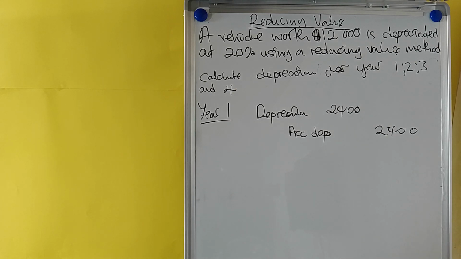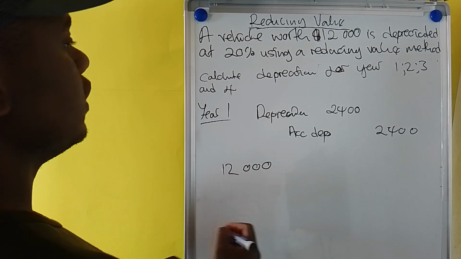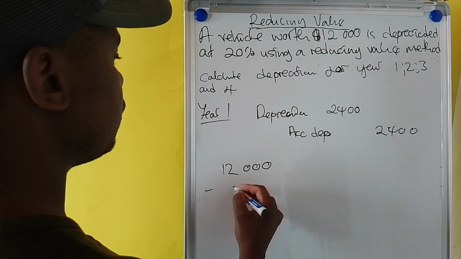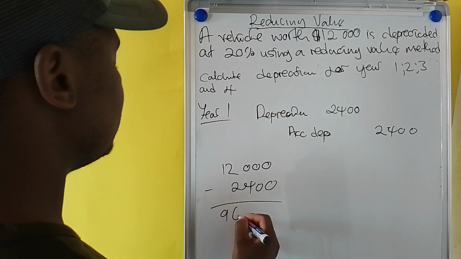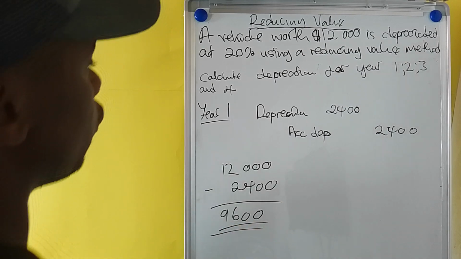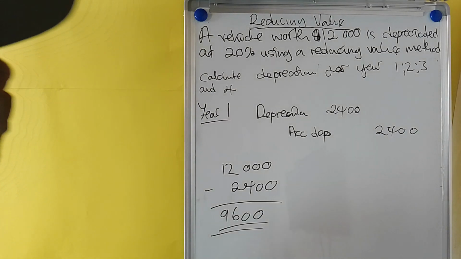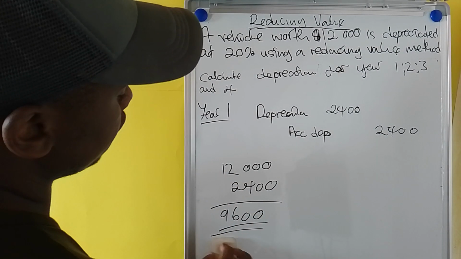Our motor vehicle had an initial value of 12,000. If we reduce 12,000 by the first year depreciation of 2,400, we are left with 9,600. When we use the reducing value method, we charge depreciation on the residual value of the asset, whether it's a motor vehicle, immovable property or any other fixed asset.